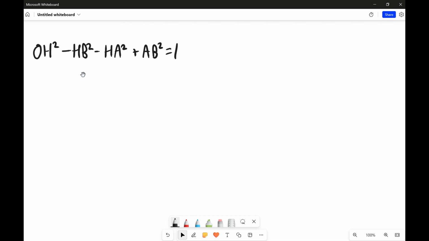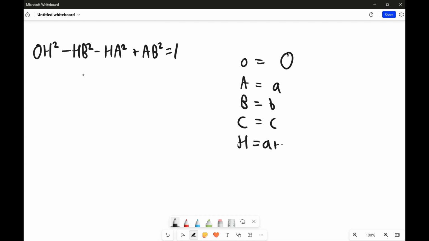Anyway, the complex number representing O is just the number 0. If the complex number representing A is A, B is B, and C is C, then we know that the orthocenter is A plus B plus C from that video. Therefore, OH squared is equal to the magnitude of A plus B plus C squared.